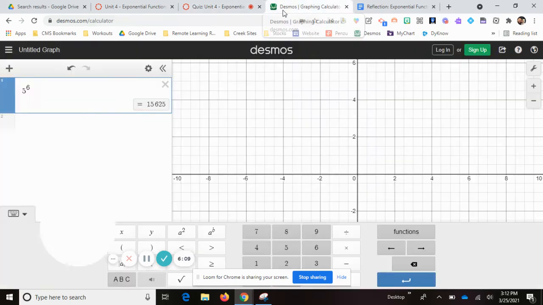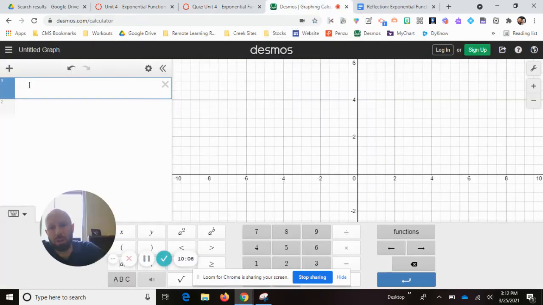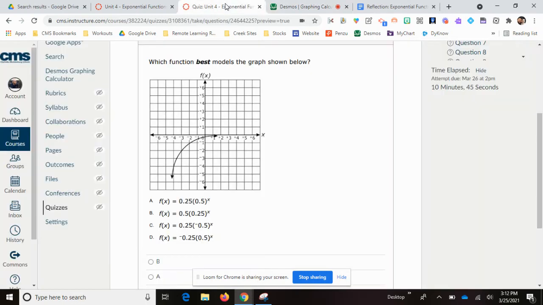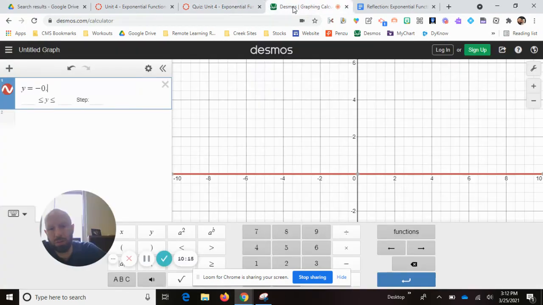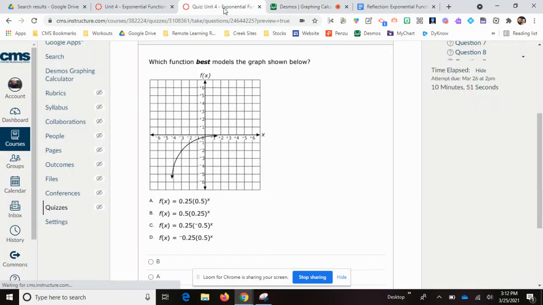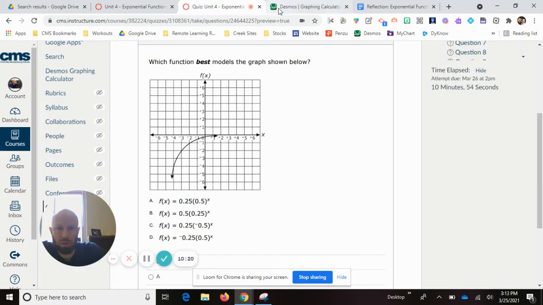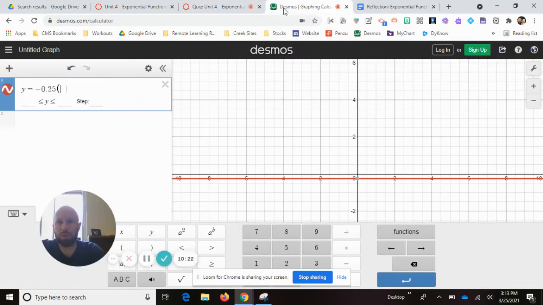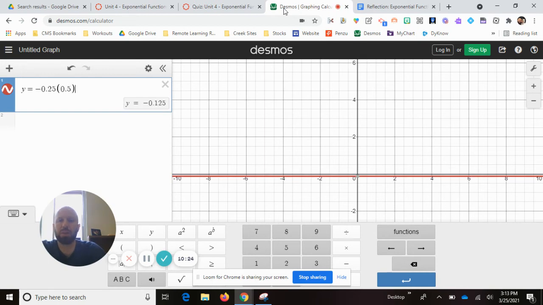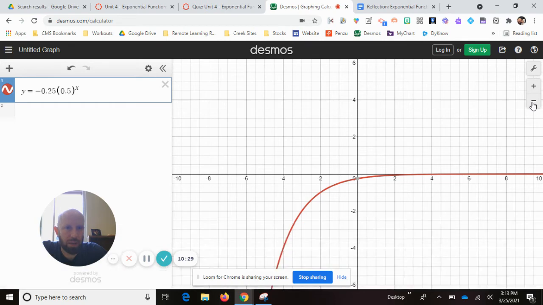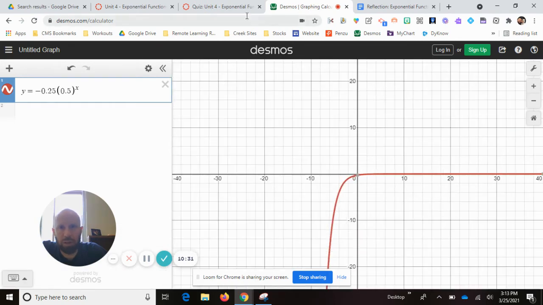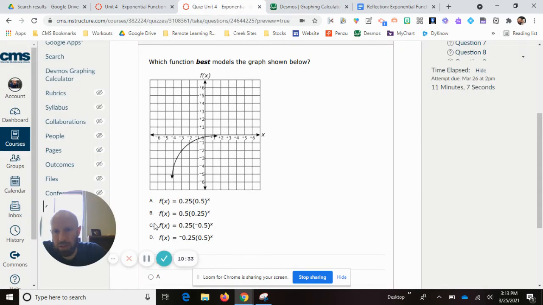Desmos does not like f of x, so we're going to do y equals negative 0.25, parentheses 0.5 to the x, parentheses 0.5, and we need our exponent to the x. And there is the graph, the same one that we have here. So the answer is going to be D.